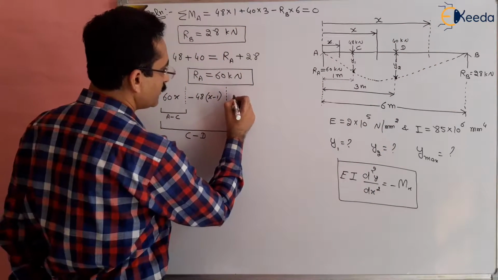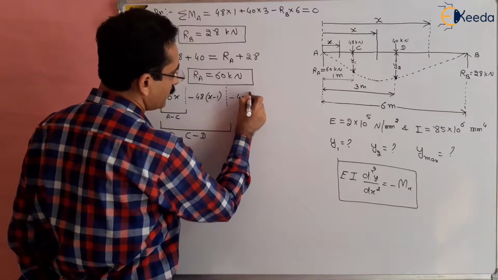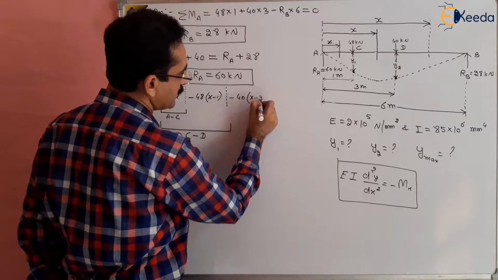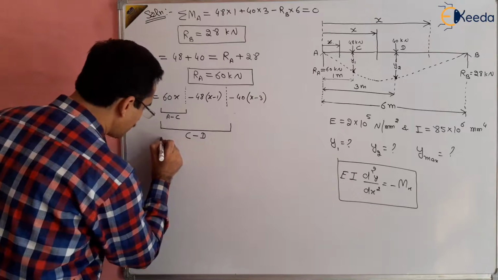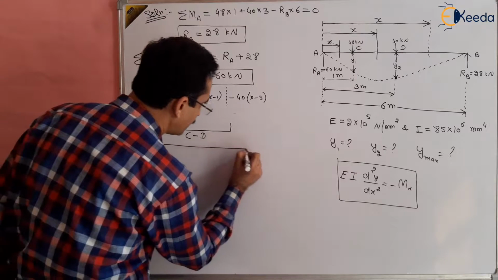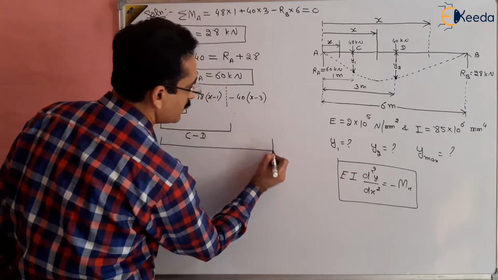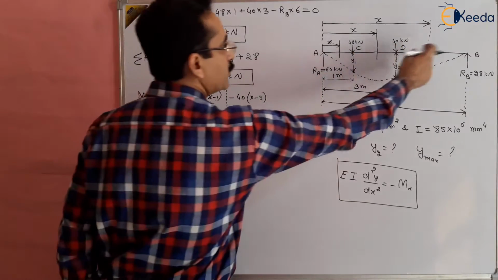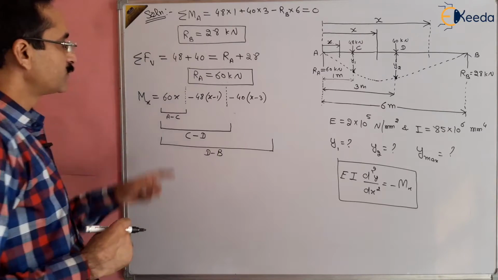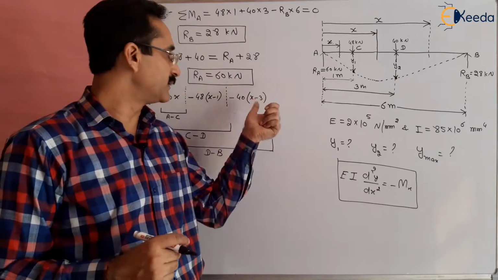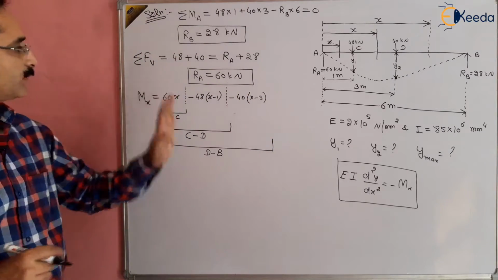So this will be minus 40 multiplied by x minus 3, right? This is the third part, and this entire expression will be valid between D to B, right? So we have combined this into a single bending moment expression.